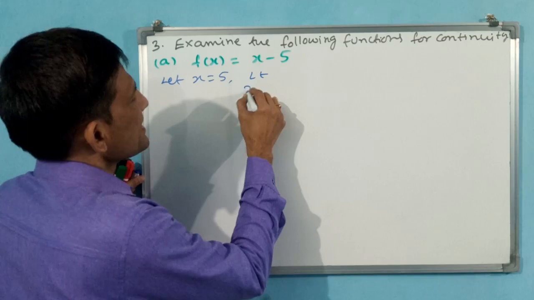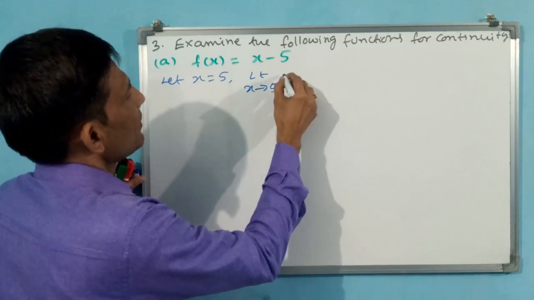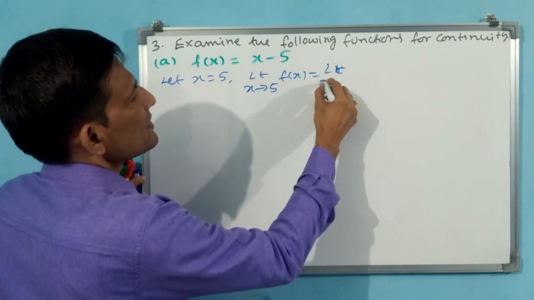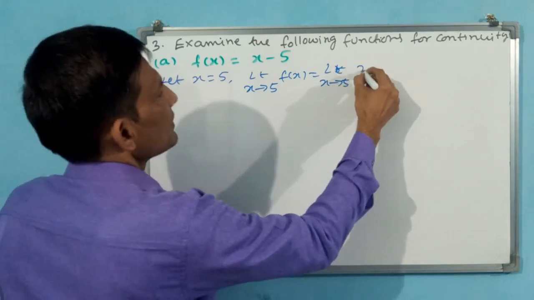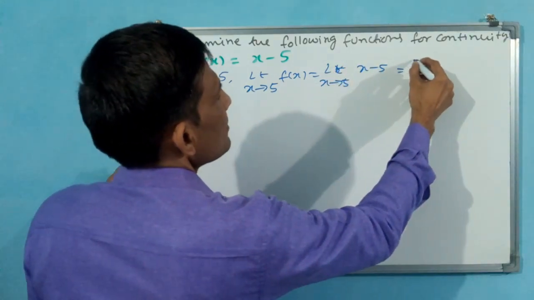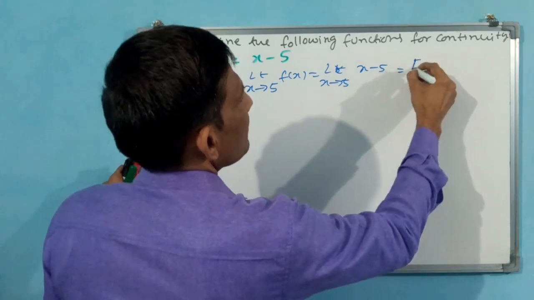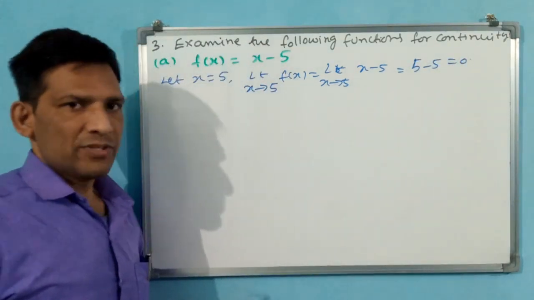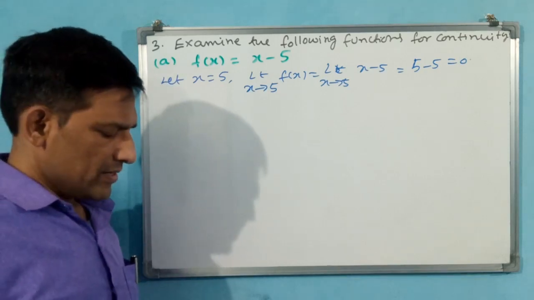Limit x tends to 5 f of x is equal to limit x tends to 5, x minus 5. Apply 5 minus 5, that is equal to 0. 0 is defined, 0 is not undefined.